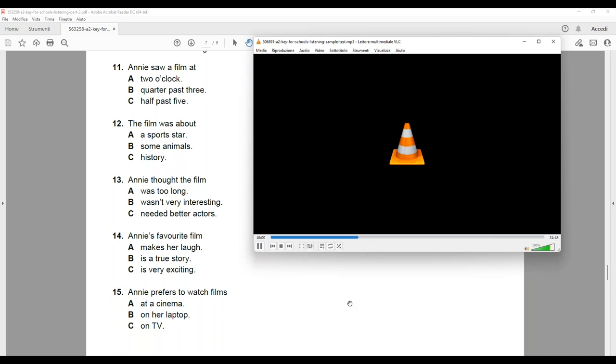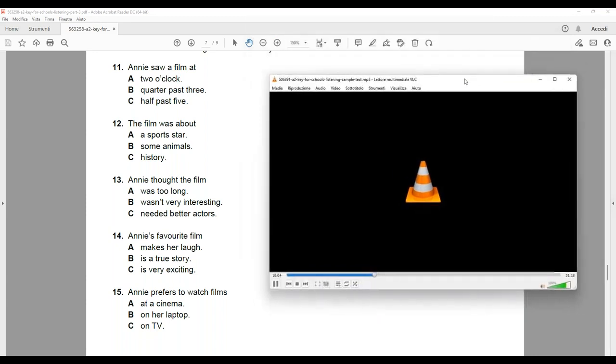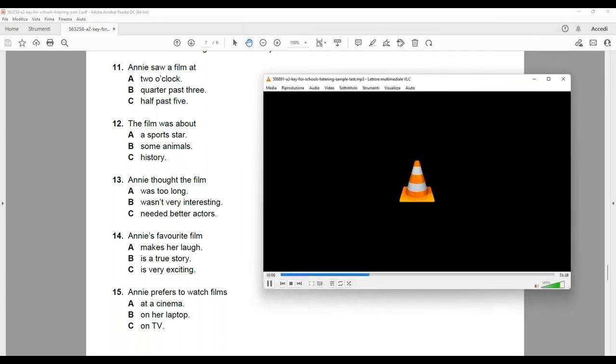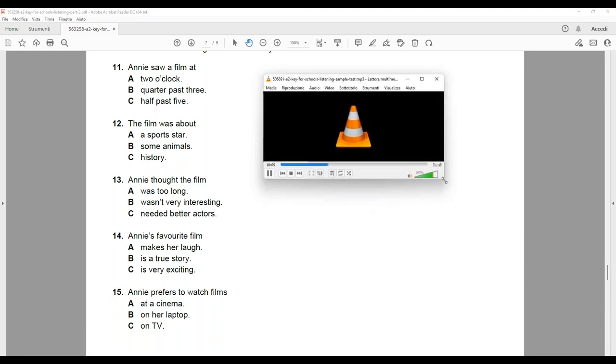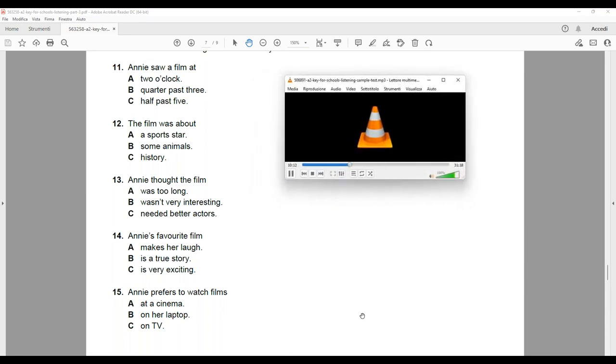Now look at part 3. For each question, choose the correct answer. Look at questions 11 to 15 now. You have 20 seconds.